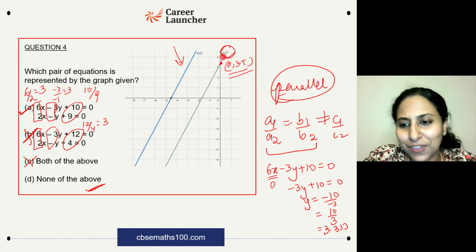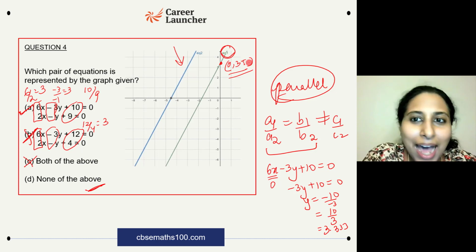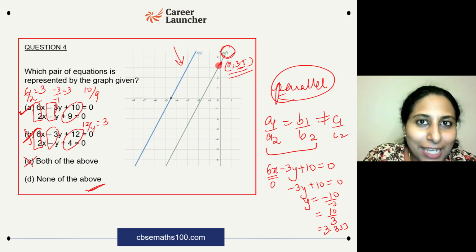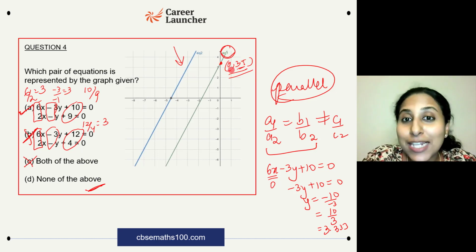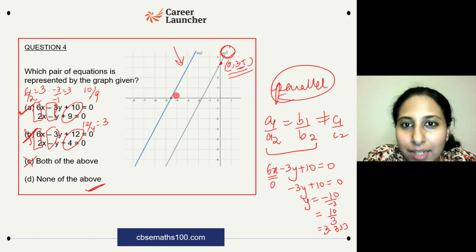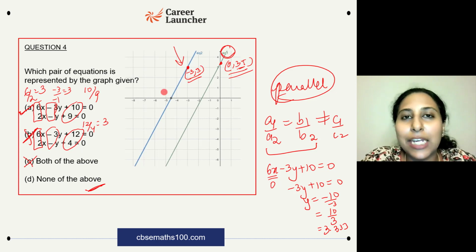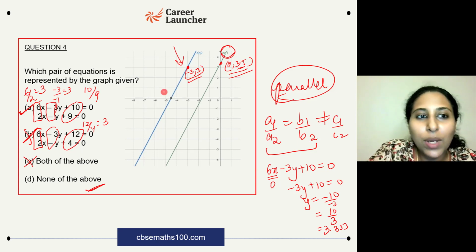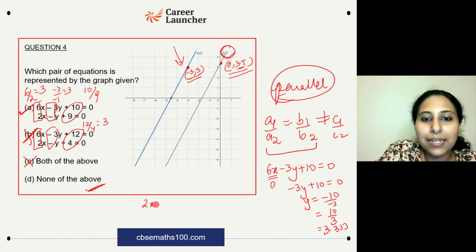So yes, this option should be correct. It lies on this graph. 3.333 is the actual value. I had estimated it to be 3.5 by looking here. So yes, this looks like the graph of equation 1. Now, if you look at the second one over here, you can see that this one has an exact point. This one has the point minus 3, 3. So let's see whether this point satisfies the second equation or not. The second equation is 2x minus y plus 9 is equal to 0.